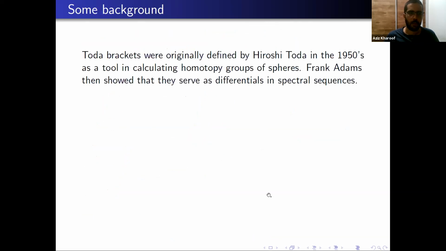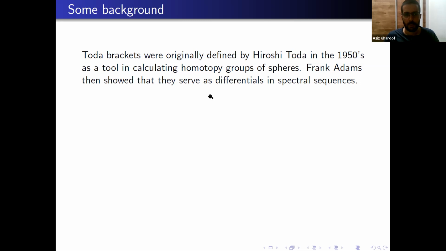So the Toda bracket was first defined by the Japanese mathematician Hiroshi Toda. He wanted to get new elements in the homotopy groups by Toda brackets. Then Frank Adams used it as a differential in a spectral sequence.